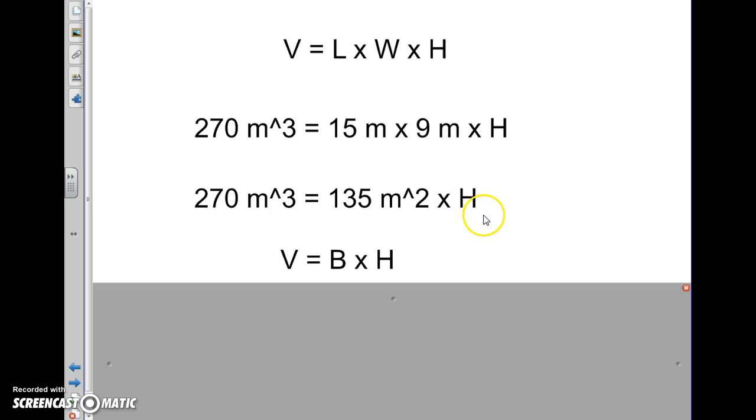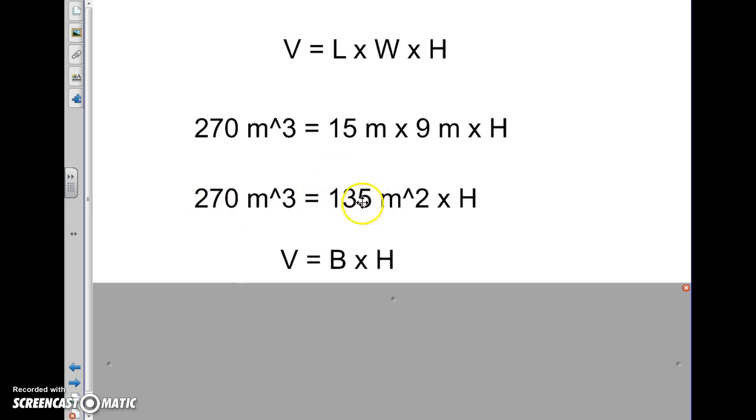I could think of that in that way, and I could do 270 divided by 135 and reach my answer. Also, I could just look at this and think about the relationship in numbers and think, well, I know that it's going to be some multiple of 135 that's going to give me 270. It's not the first multiple, because that would be 135. The second multiple, that's a pretty good guess, right?